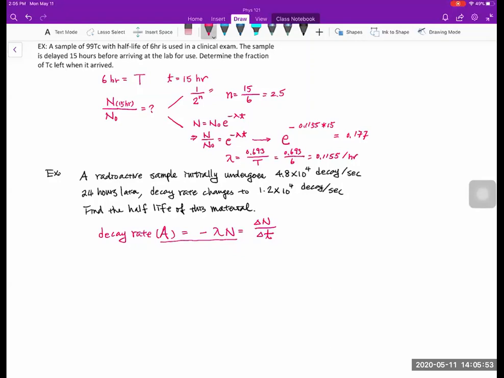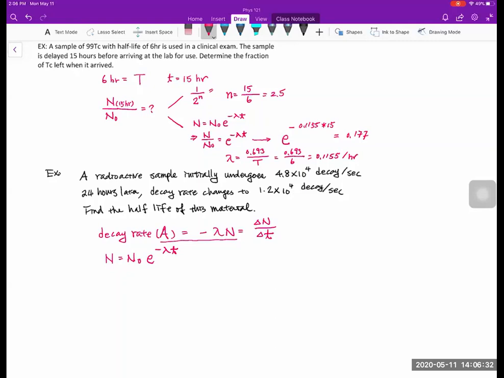So if we think about what would be the amount left, we have another equation, and this equation is going to help us. This equation says that if you start with something, after a certain period of time I can calculate the amount left, right?